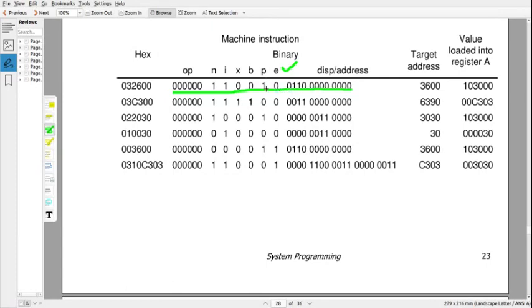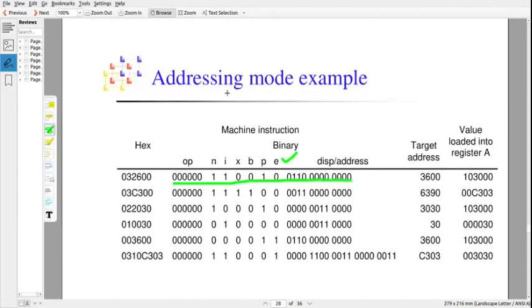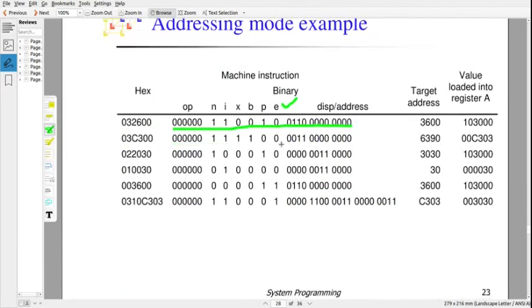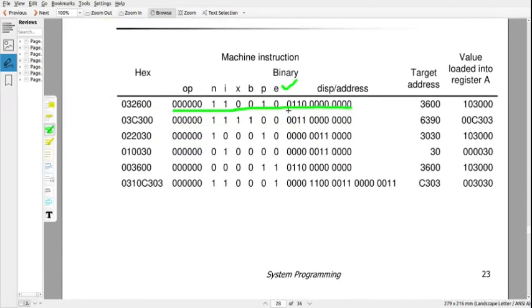Here you can see n is equal to 1, i is equal to 1, which means it's a simple addressing mode. This is binary, so its hexadecimal value is 0. So this 0 will represent the first 0. Then all zeros means the second 0 will represent. Then 0 1 1 0 represents 6.